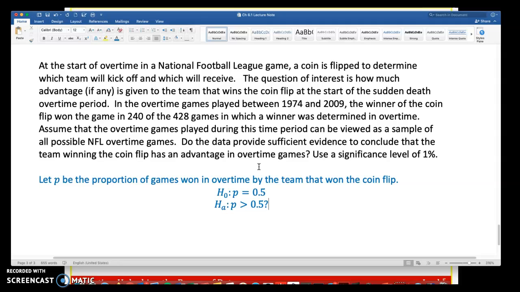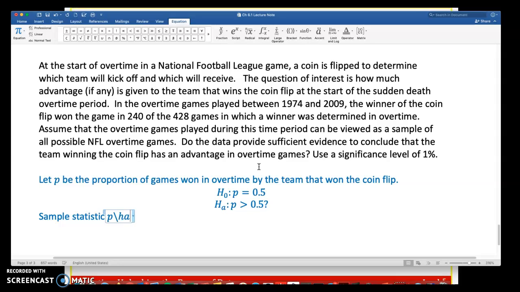I'm going to put a question mark here for right now, because what is our sample statistic? The notation is p hat, and that's 240 out of 428. And if you throw that in a calculator, we get that to be about 0.561.